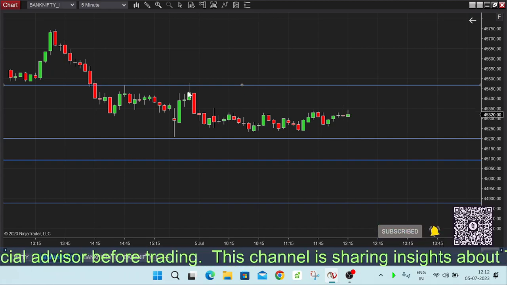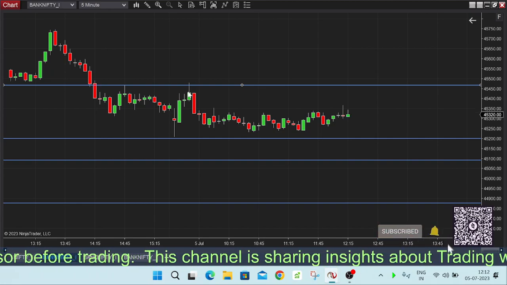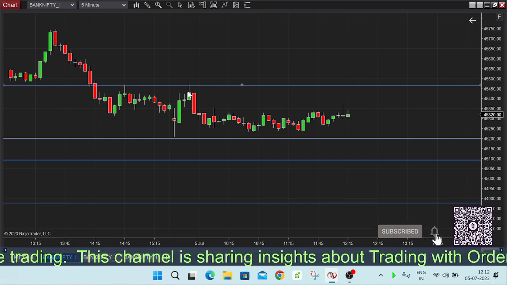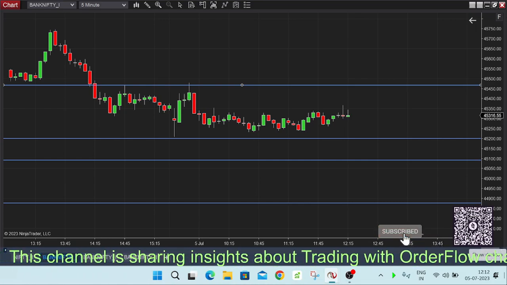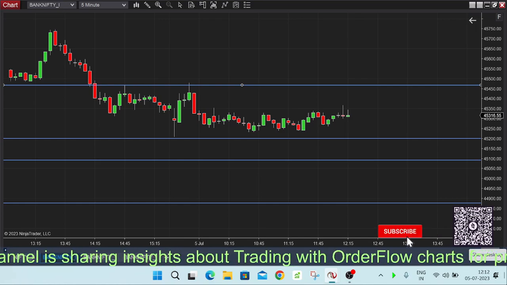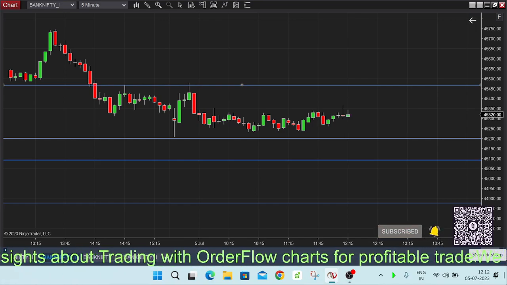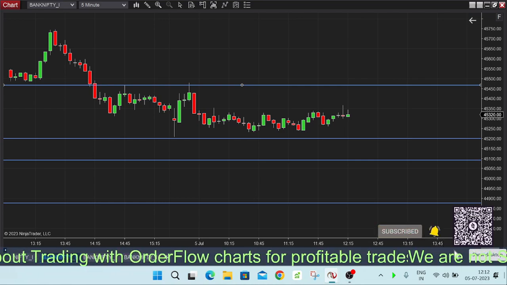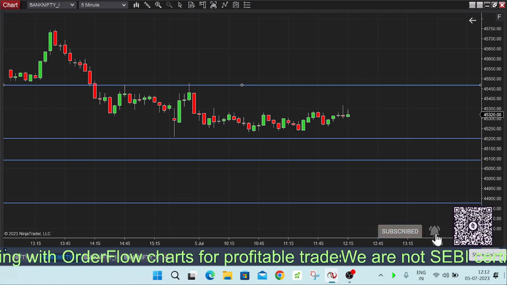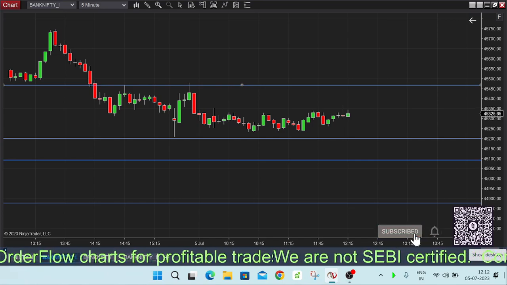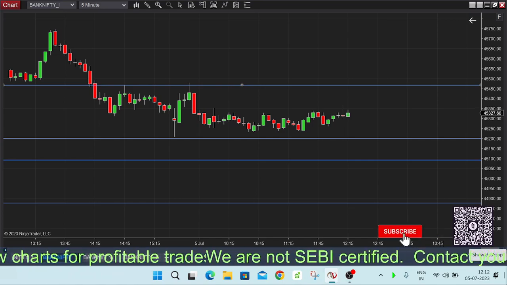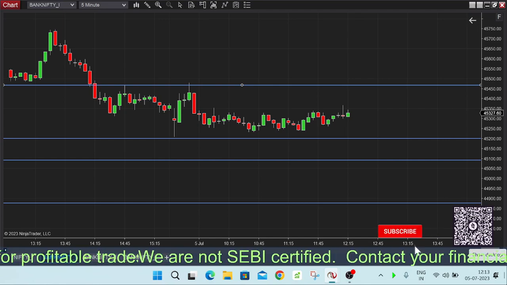After that, the first trade was taken at the 45,500 put. We'll check whether it is the 500 put or the 400 put. The 45,500 put was taken at 300 with a target of 340 and 405.